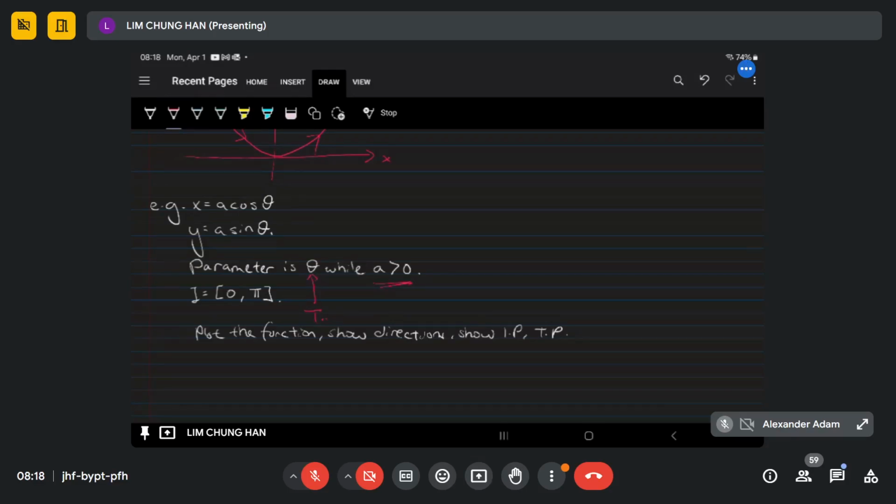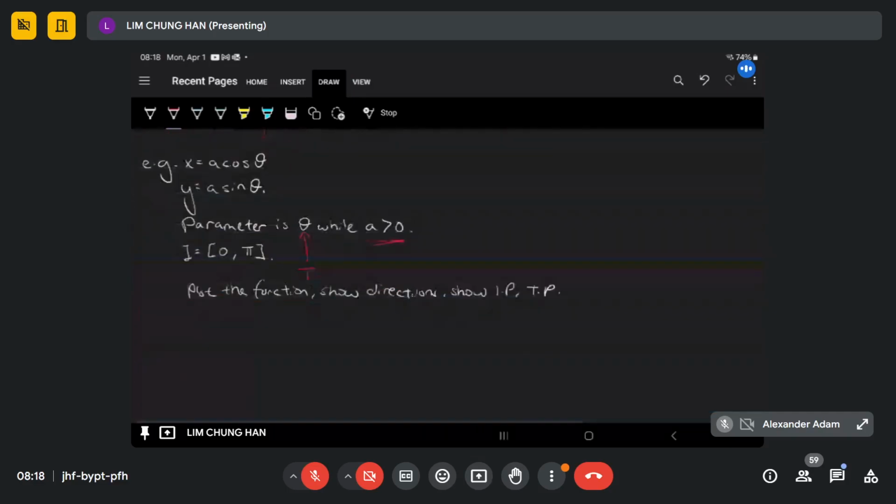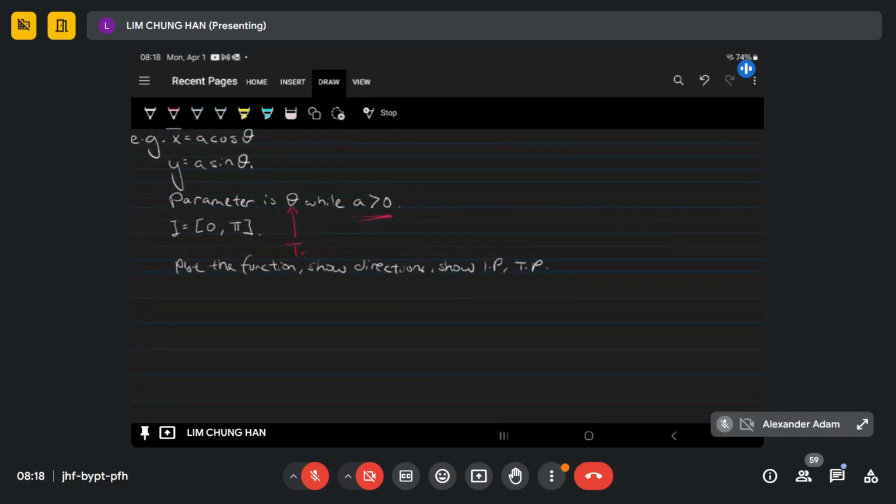Again, you have two methods. Just like the previous question, you can use either method 1 or 2, it doesn't matter. But in this case, I'm going to use method 1 because I think it's going to be faster. I'm going to use the conversion method.